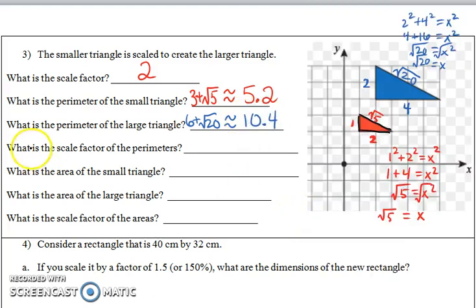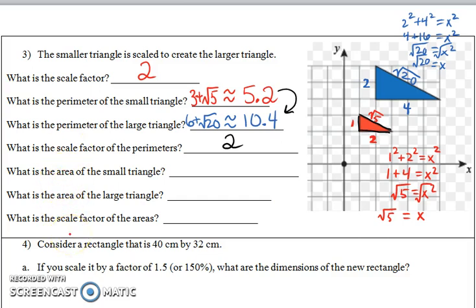So the next question is asking, what's the scale factor of the perimeters? So to get from the perimeter of the red to the perimeter of the blue, it looks like we just multiplied again by 2. So when you scale an object by 2, you're scaling all of the sides by 2, the perimeter also gets scaled by 2.